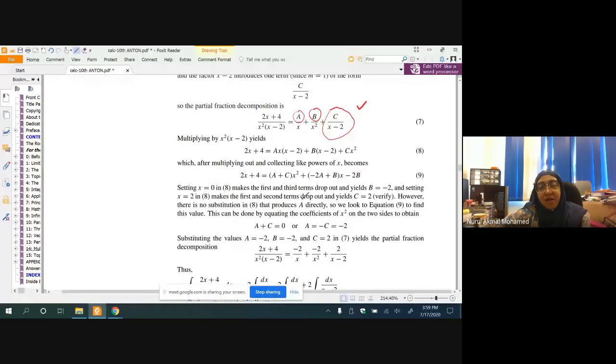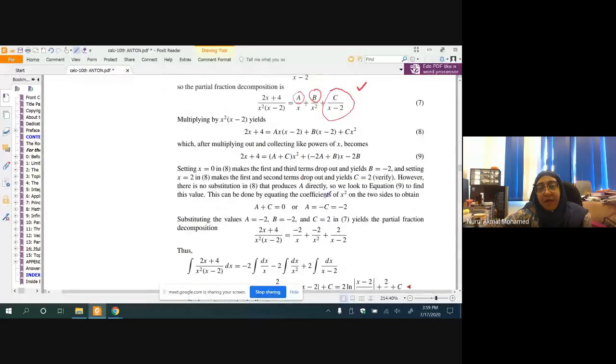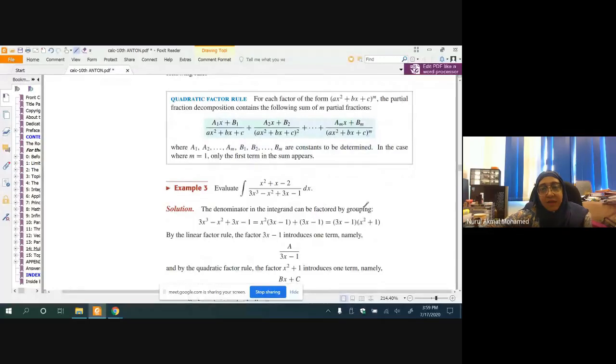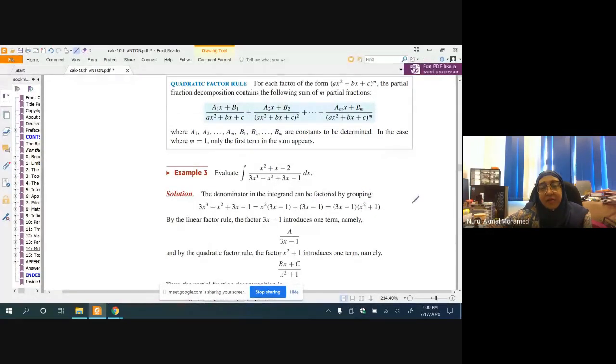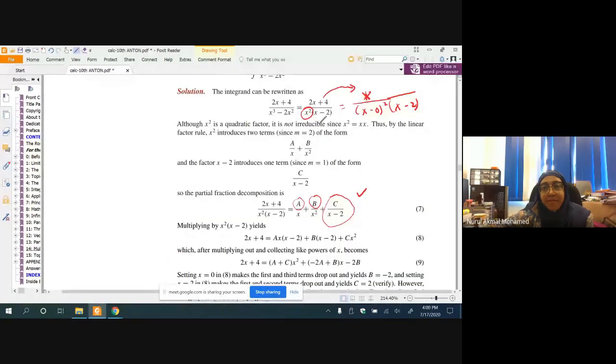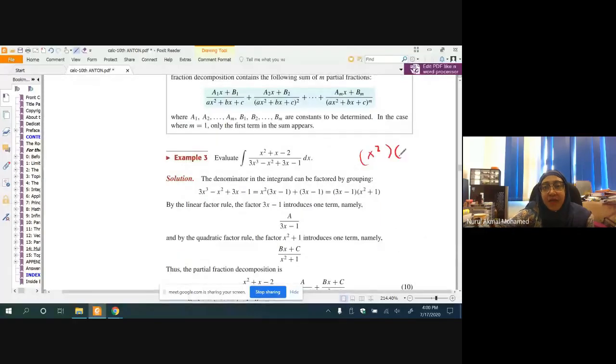Okay, it's not difficult for you to do, but if you don't do a lot of exercises, then you may have problems, like making mistakes here, in getting the value for A, B, and C. And then here you have x squared multiplied with x minus 2.